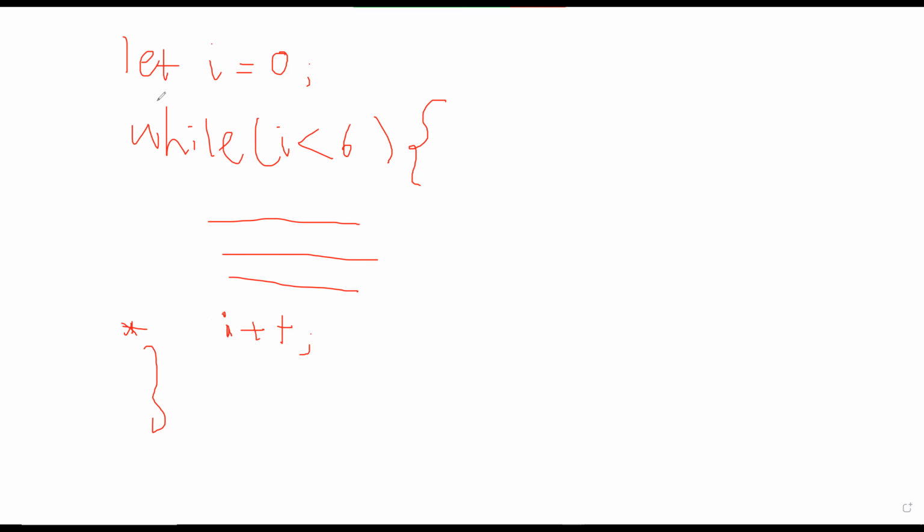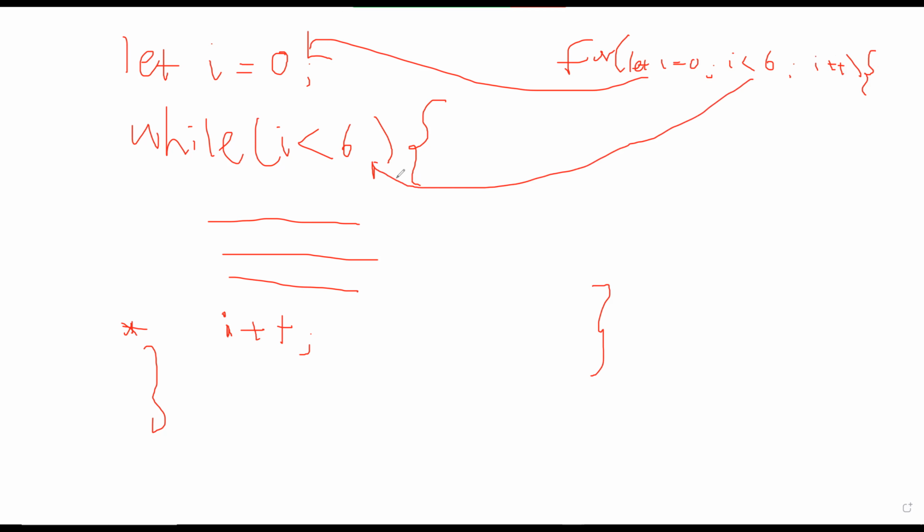You can see that those 3 items in the for loop, instead of being in one location, are now split. This one is this, this one is that, and this one is also that.